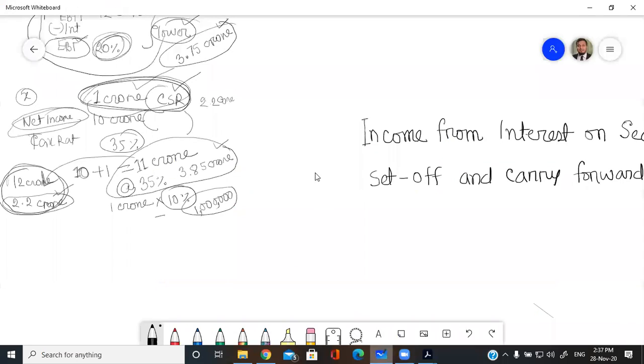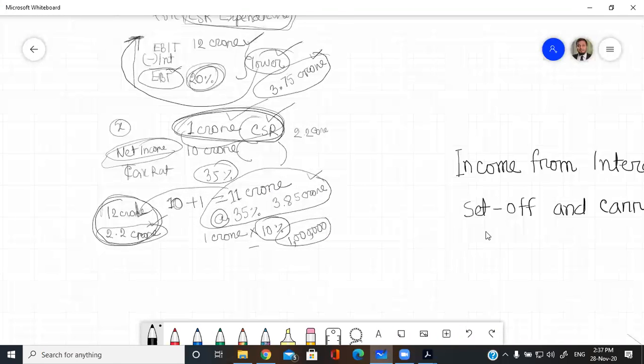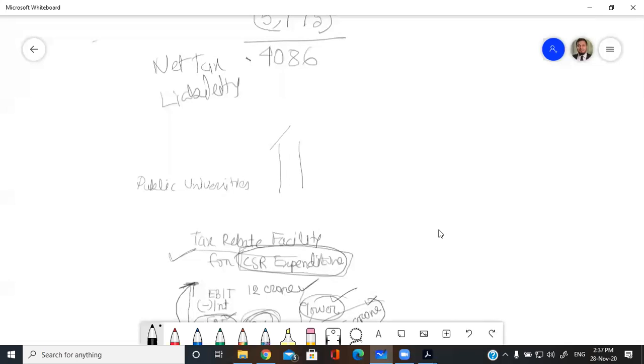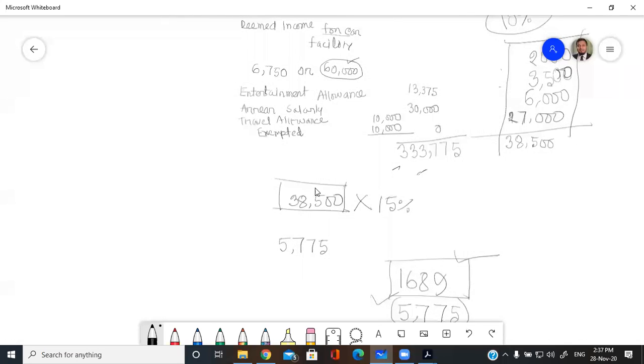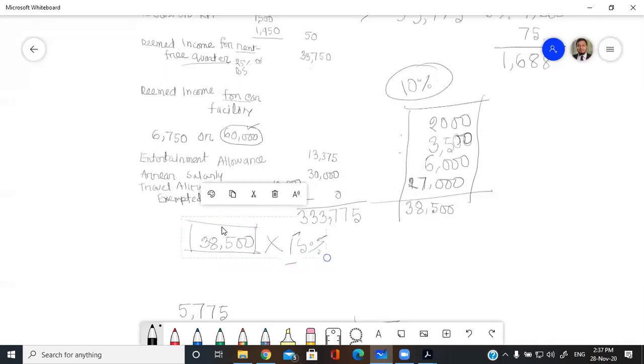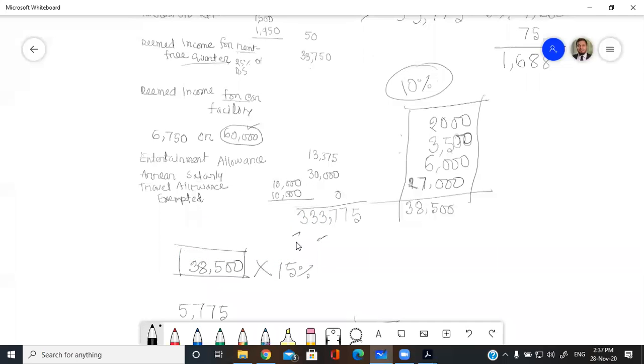So in the previous session, we solved a problem for an SSC. Can you recall that person's total taxable income? This number, 3,775. So can we say that this person's total taxable income is within the range of 15 lakh?